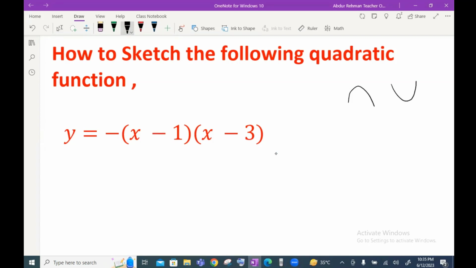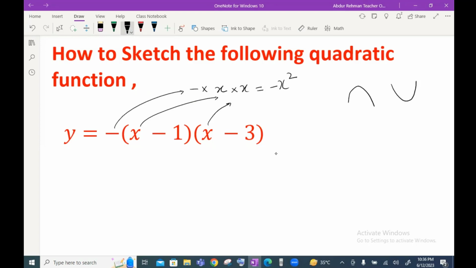So for this, we have to multiply the negative sign with x times x. So we get here y equals minus x square when we find out the product.